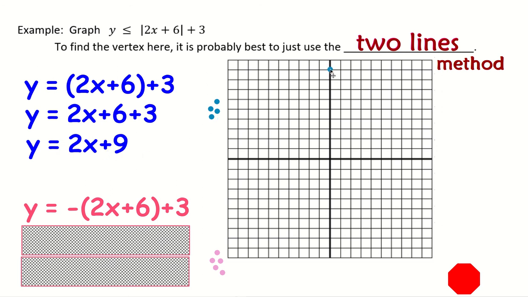So there's the y-intercept, and my slope is 2, aka 2 over 1. That would be up 2, but I'm out of bounds, so let's just go in the reverse direction. It'd be there, and maybe there, and then maybe there, okay? So this line is going to have a slope of 2 and a y-intercept of 9.